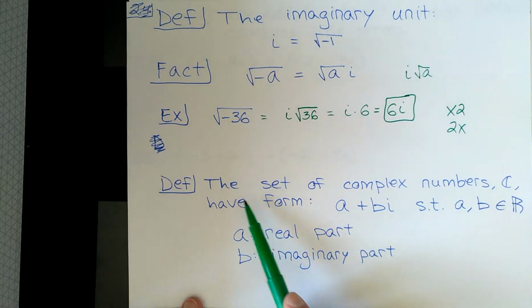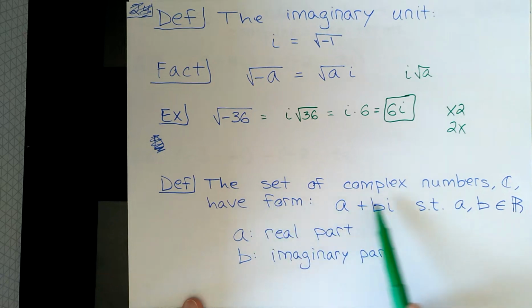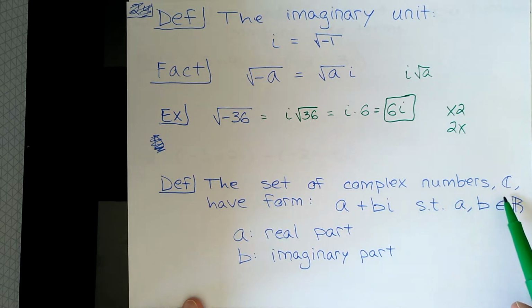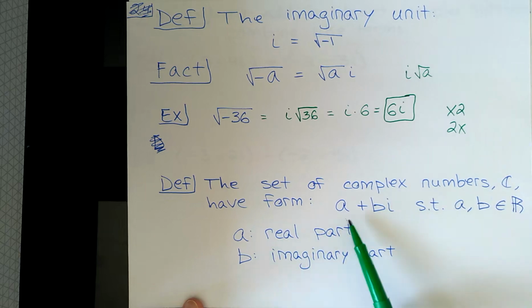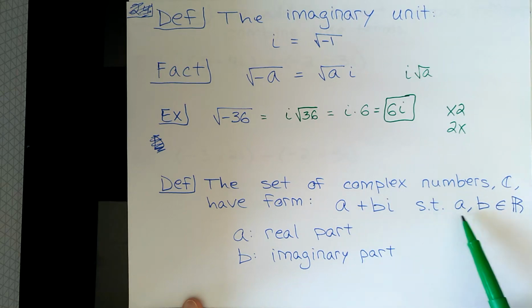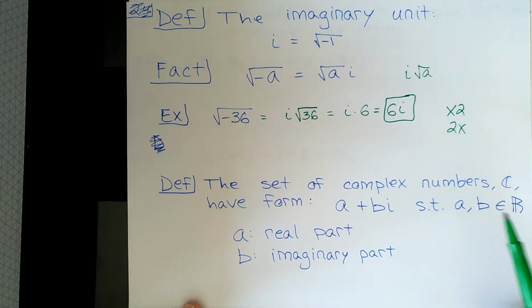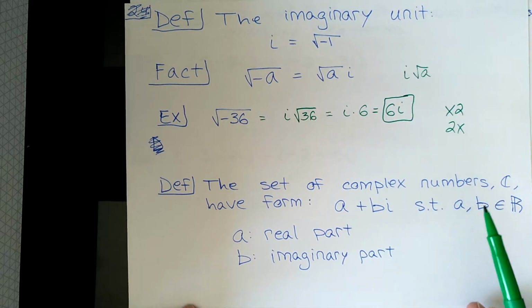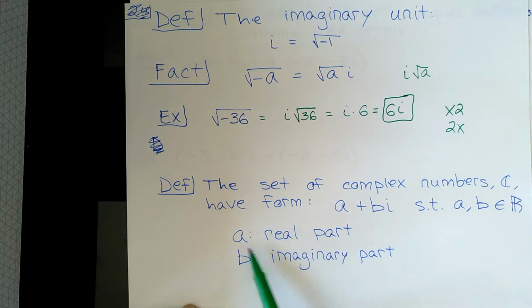Well, we have a definition that says the set of complex numbers, which we write as this C with a line through it, have the form a plus bi, such that a and b are in the real numbers. This capital R with a line through it represents the real numbers. And we say a is the real part of the complex number and b is the imaginary part.